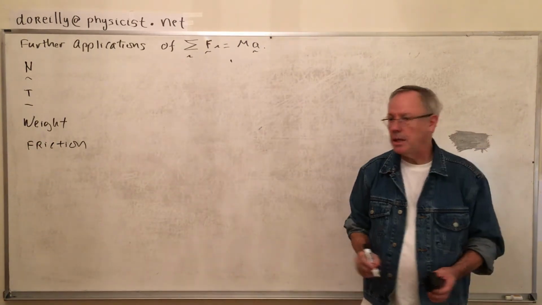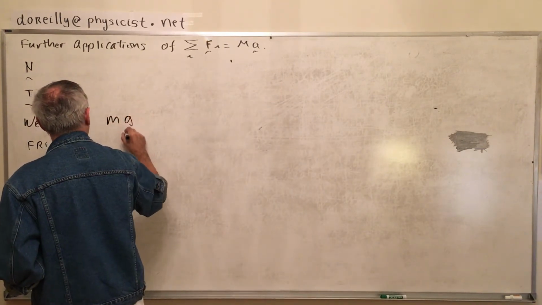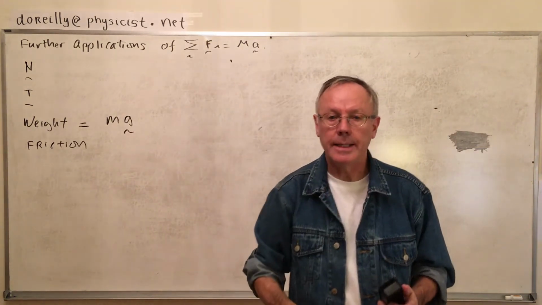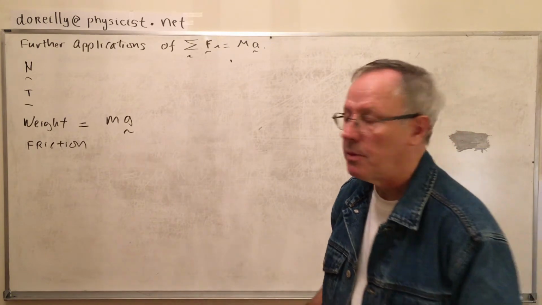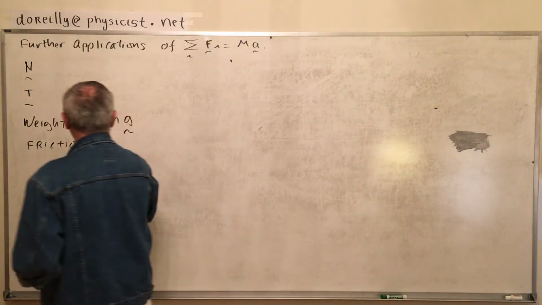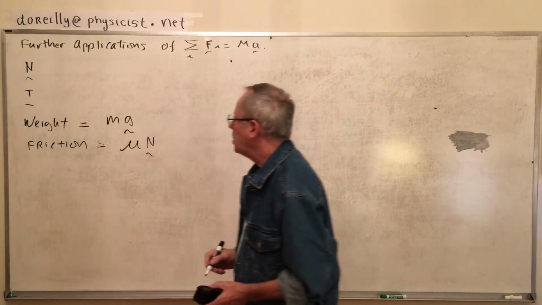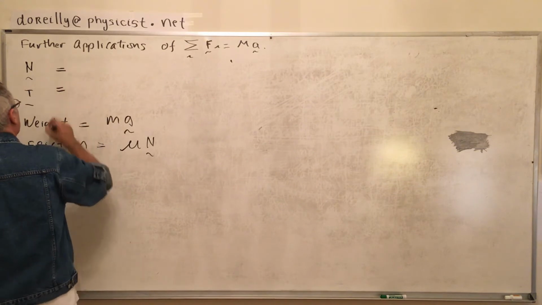Weight, we've already said, is mass times acceleration, but the acceleration due to gravity. Okay? And on a flat Earth, it just pulls directly downwards. We approximate flat Earth because locally this room appears to be flat. Now the friction force is going to be mu N, whatever that is. We'll say what the N is now.